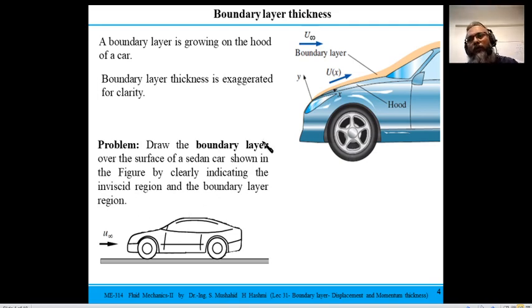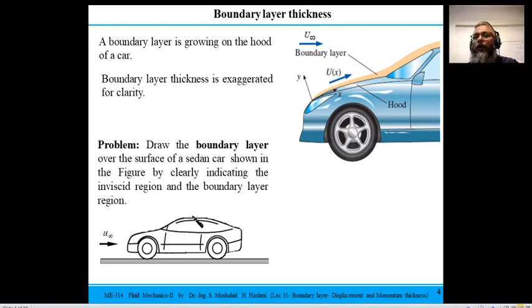So take a pause in this video and try to work out in your copy how the boundary layer would look on this sedan car.